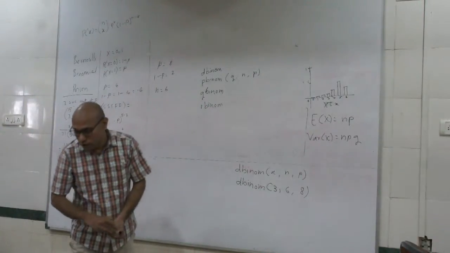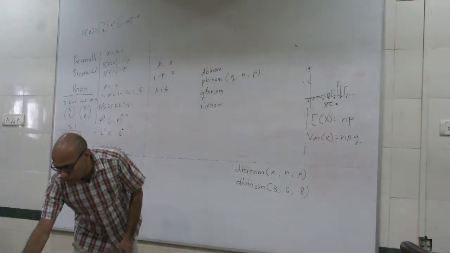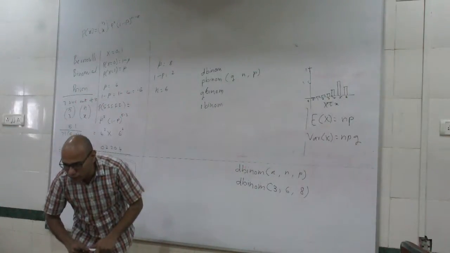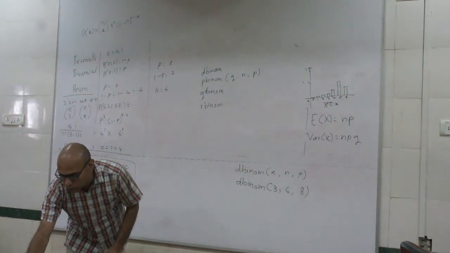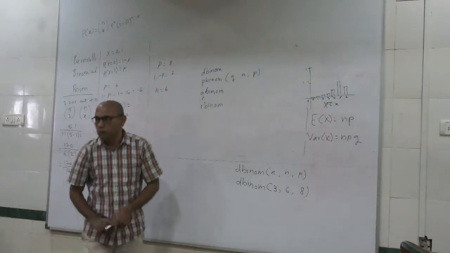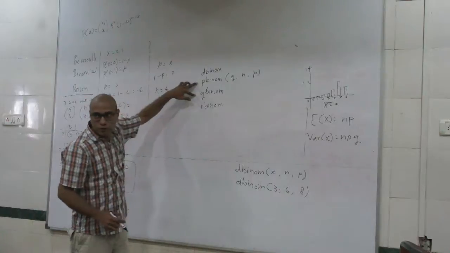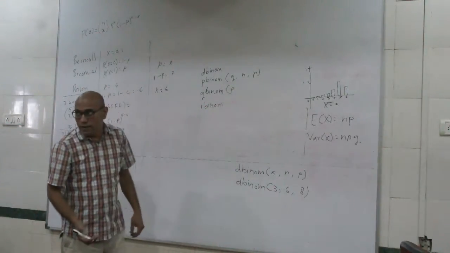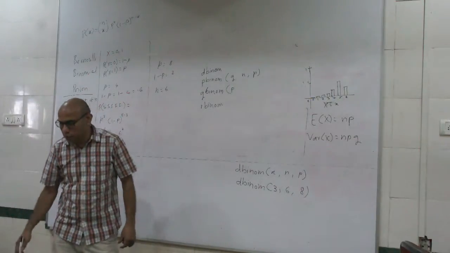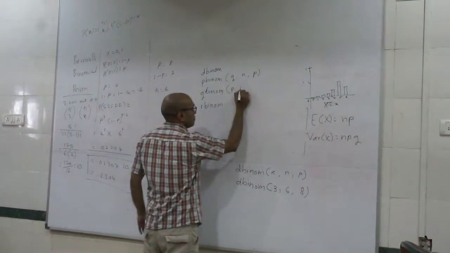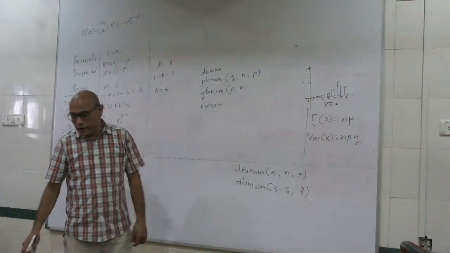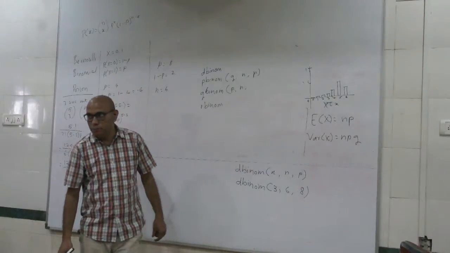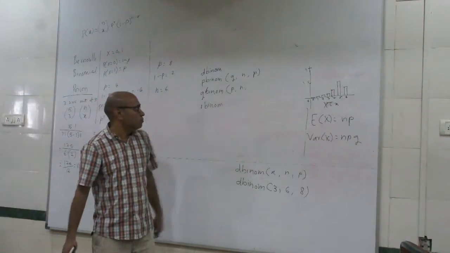qbinom would give me, if I write the probability, size and probability, then it would give me the q. P and q are opposite to each other. I need to write probability for a given size and probability, so that I get the q.